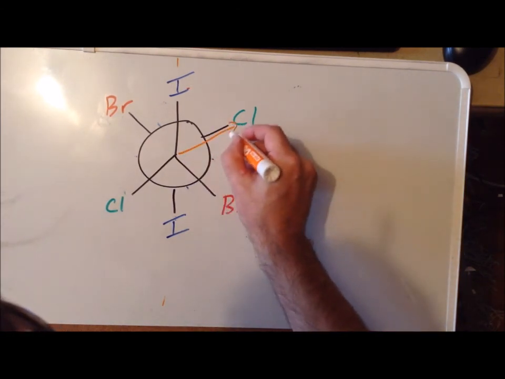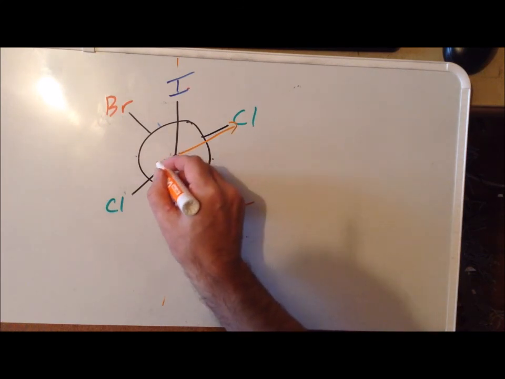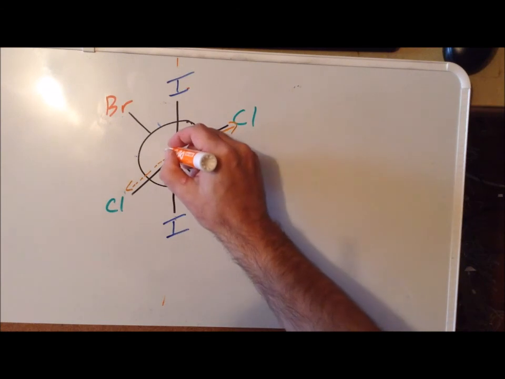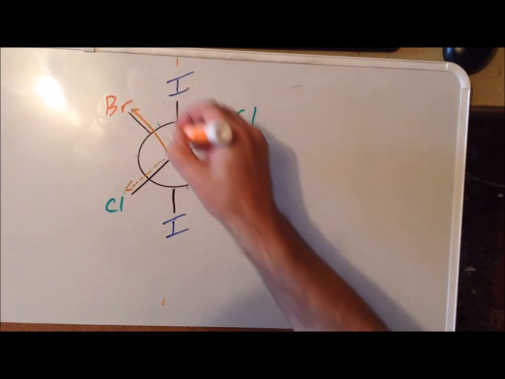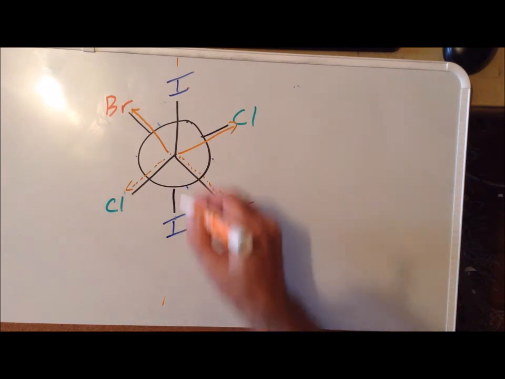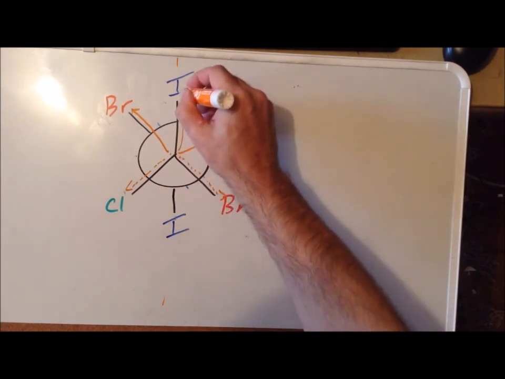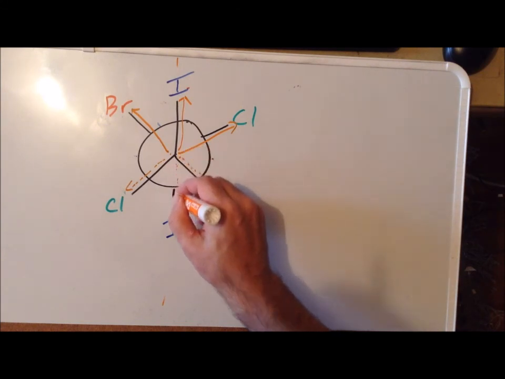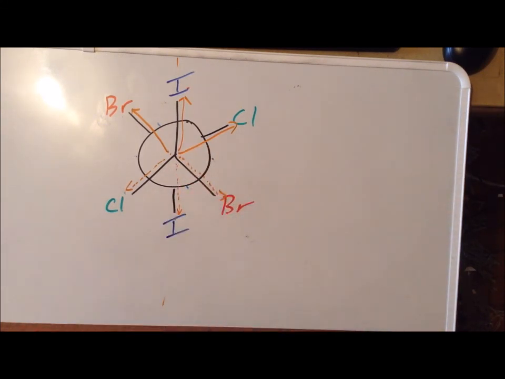If I go in this particular direction to bromine, and then go in the opposite direction, I also encounter bromine. And if I do it for the iodine, I go a specific distance, I go the same distance in the opposite direction, and I reach iodine. So the only non-trivial symmetry operation that this molecule possesses is the inversion. When we just have the identity and the inversion, this belongs to the group Ci.